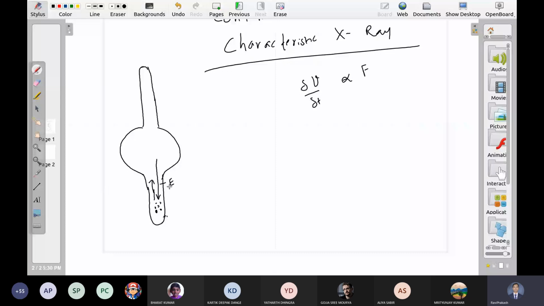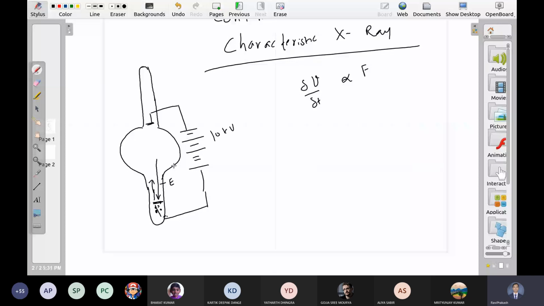And how do we apply this electric field? By using two electrodes and applying some extremely high potential between these electrodes. So we have a battery of the order of, let us say, 10 kilovolt or something like that.